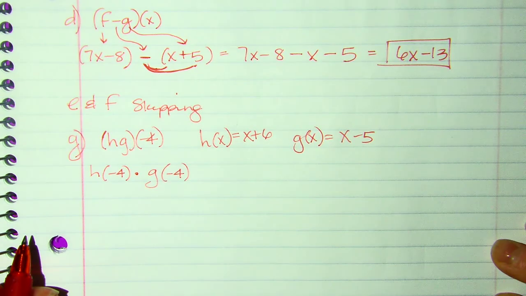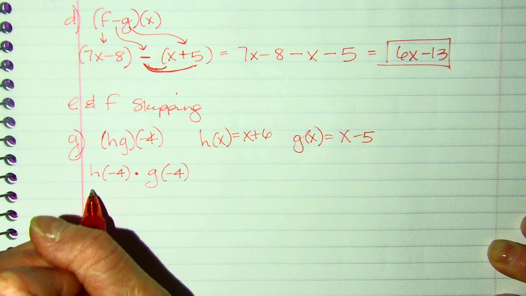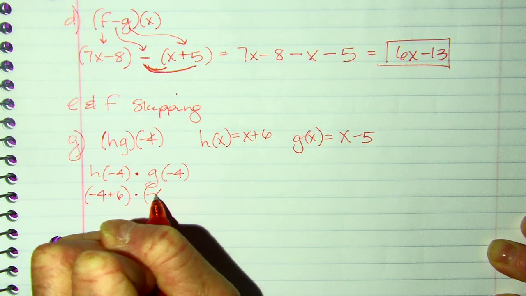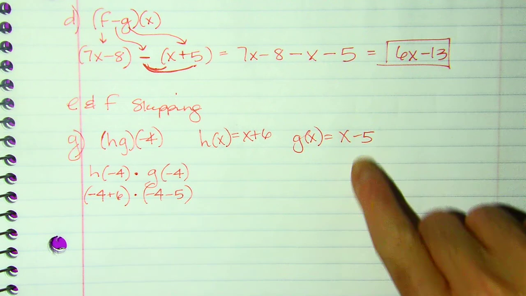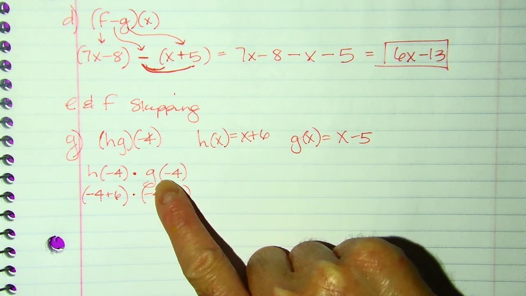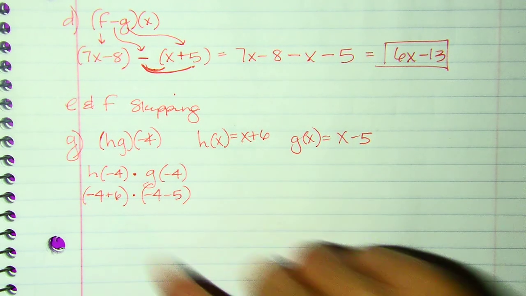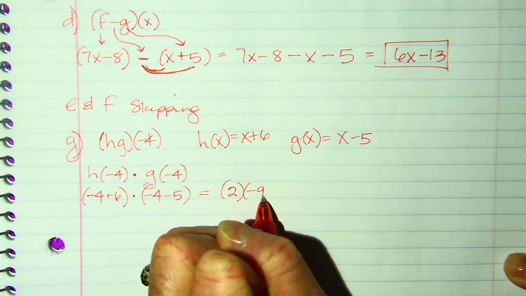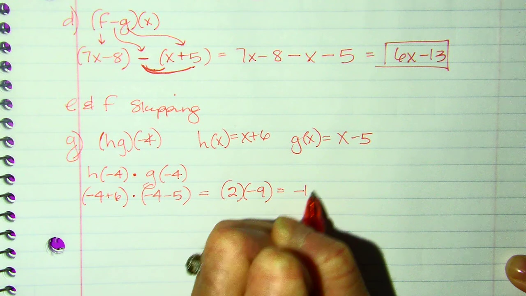Okay, so here we go. I'm going to start with h. That would be negative 4 plus 6 times negative 4 minus 5. Notice here's the function of g. That's why it said g. Here's the function of h. That would give me 2 times negative 9, so I got negative 18.